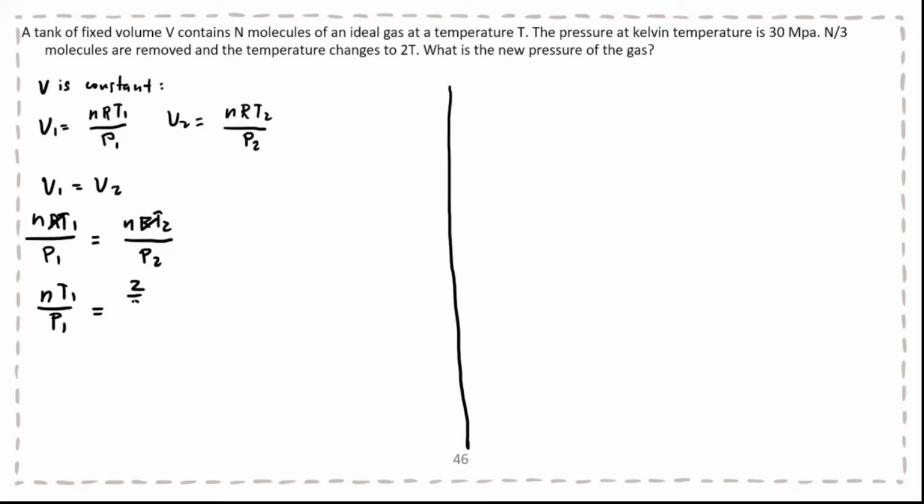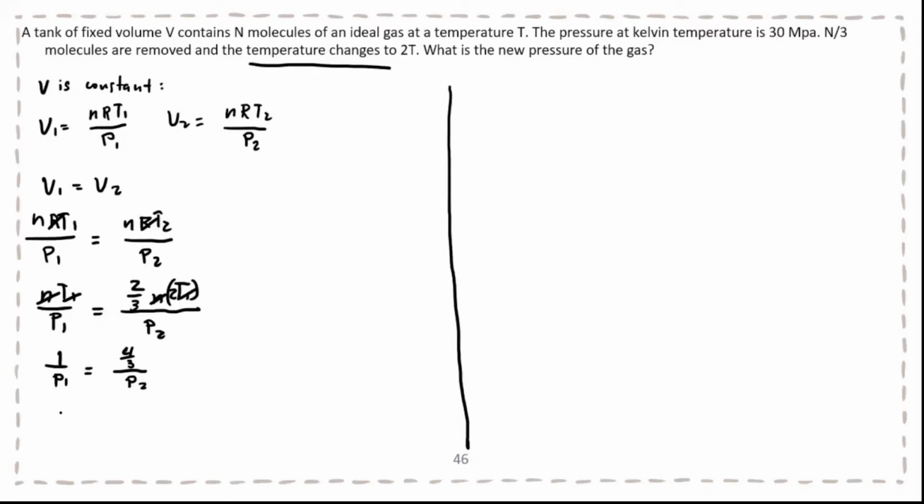So, we have 2/3 ng N. Tapos sinabi pa dito, the temperature changes to 2 times of your T. So, 2T over pressure 2. So, with that, we can cancel out N, cancel out T. We are left with 1 over P1 equal to, so 2 times 2/3, that is 4/3 over P2.